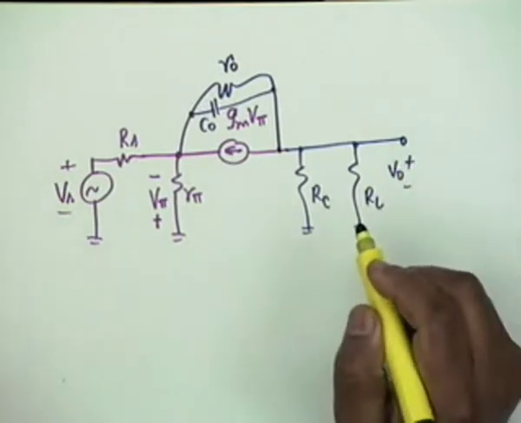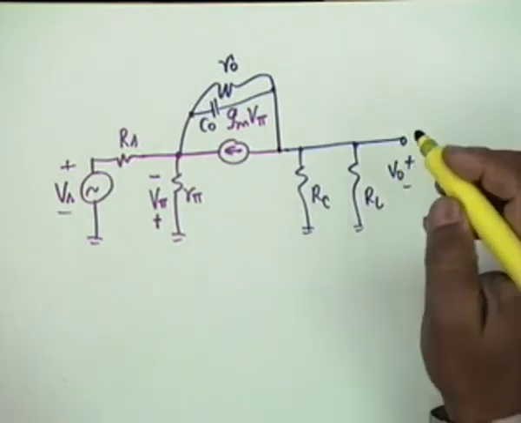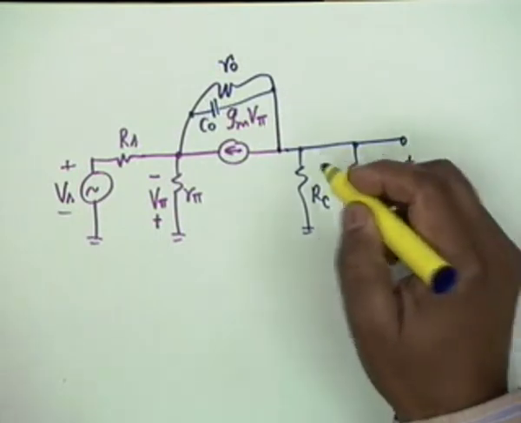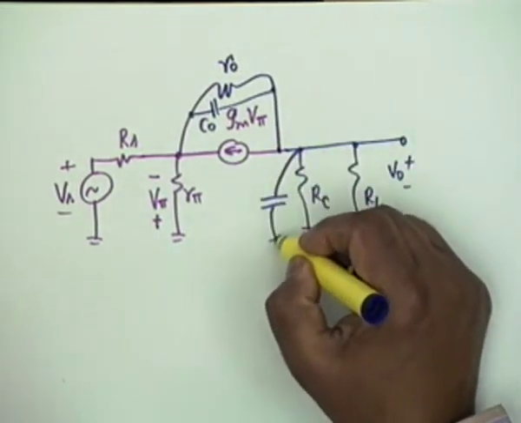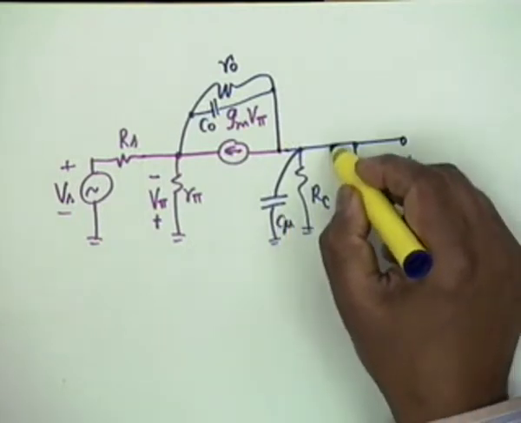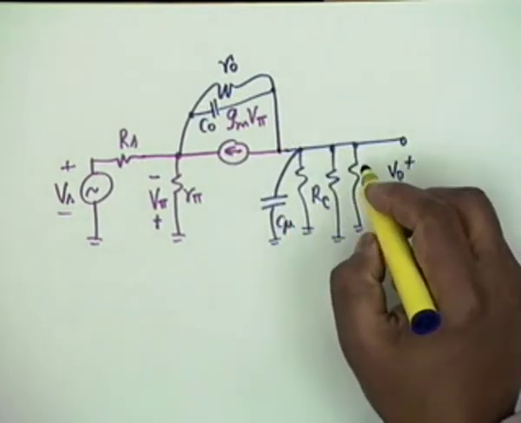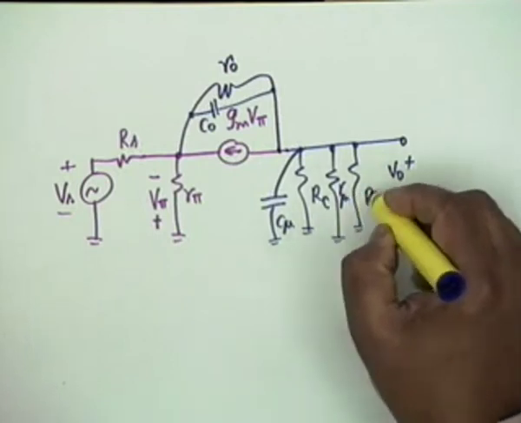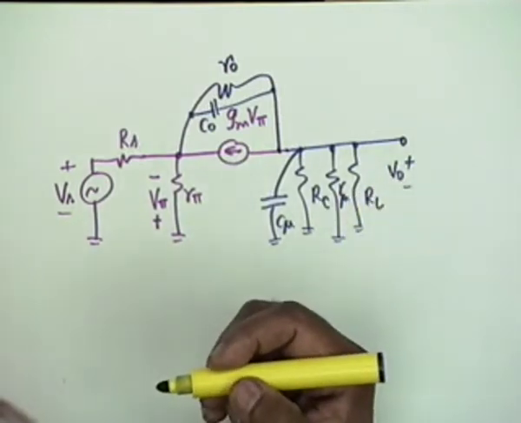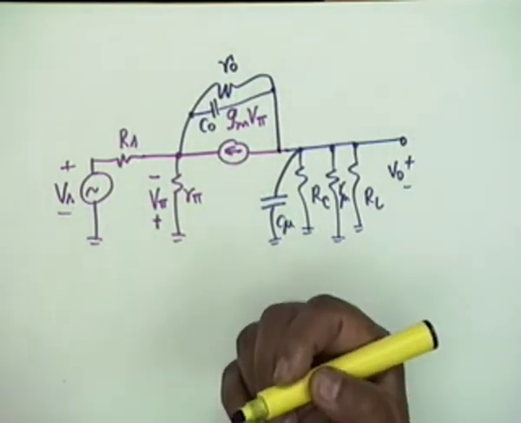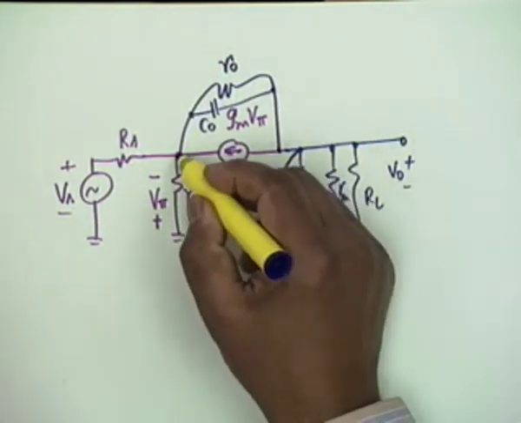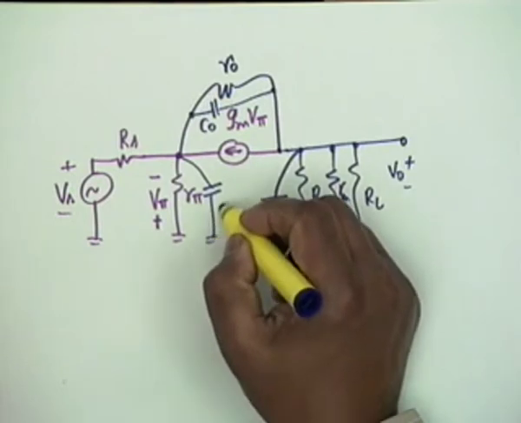Is this the equivalent circuit? Where is C mu? From the collector to base. And there is no reason why you cannot include R mu also, because fortunately they come in parallel. Where is C pi? Okay, good. There is a C pi also.